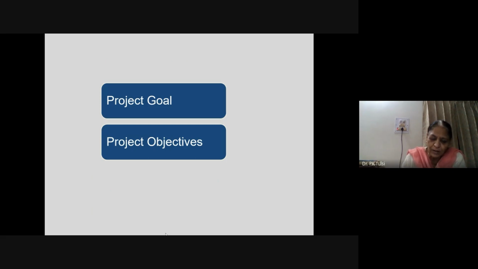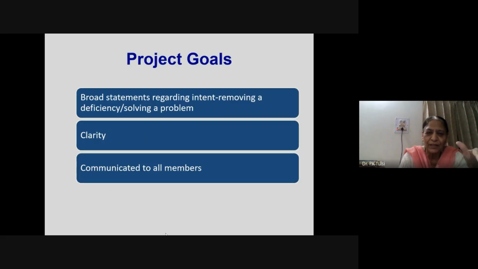Once you are able to select the project, the next step is to set the goal and the objectives of the project. When I say project goal and objective, the goal is always broader, right?